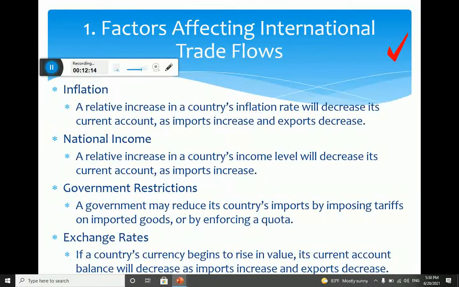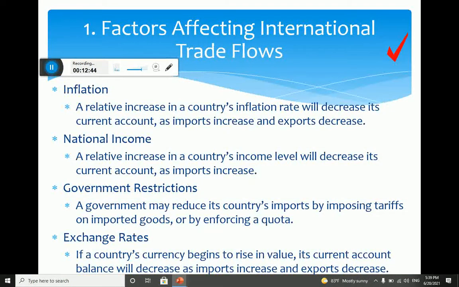So that is how exchange rates have a positive or negative effect on the flow of funds. Remember, it's the international currency against which a country's currency is devalued or its value increases or decreases.